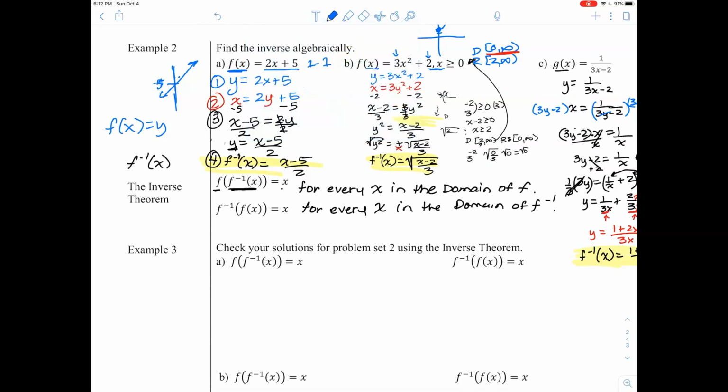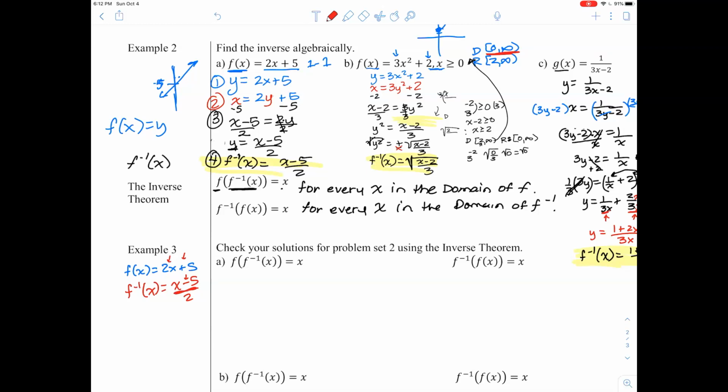In example A, we had f of x equal to 2x plus 5. And I'm just going to color code the f inverse of x, so its inverse function was x minus 5 over 2. Notice instead of plus 5 it was minus 5, and instead of times 2 it was divided by 2. Interesting how you can just look at it and see that they're actually inverse functions.